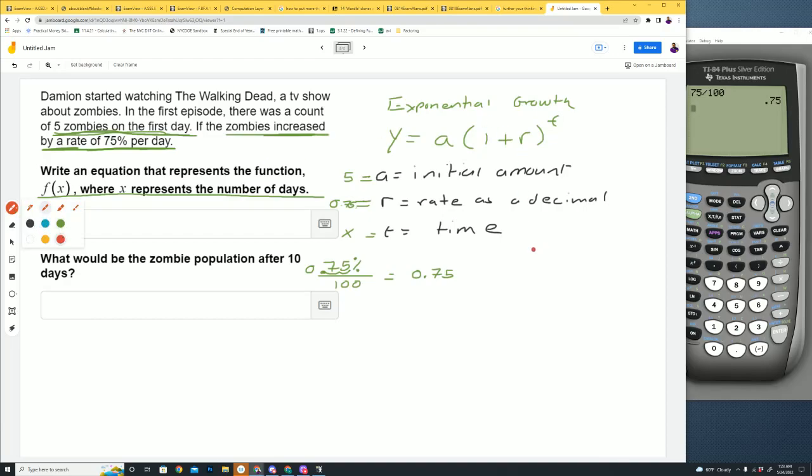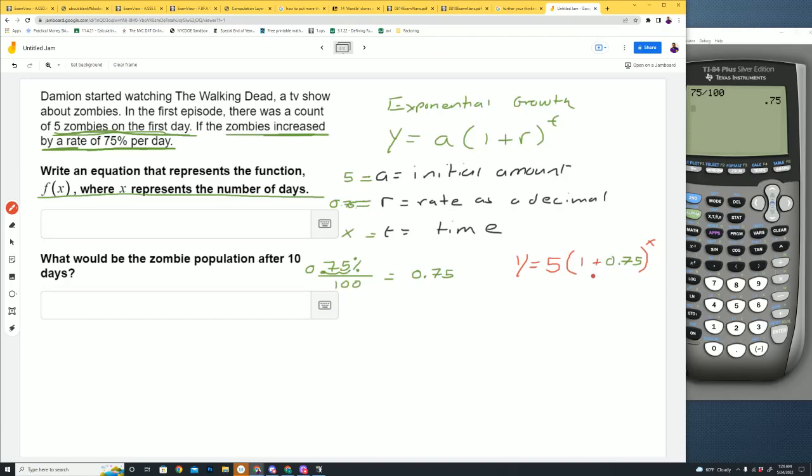We're going to have y equals, our a is 5, times, we're going to keep plugging this in, 1 plus our rate, our r, is 0.75. And then we have our time, which is used as the variable, to the x power.